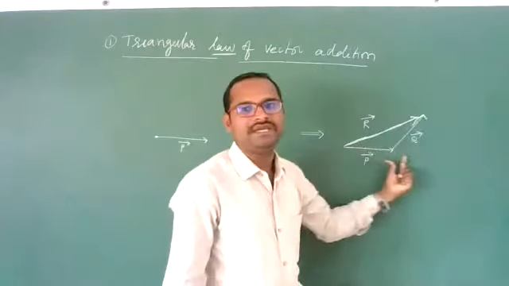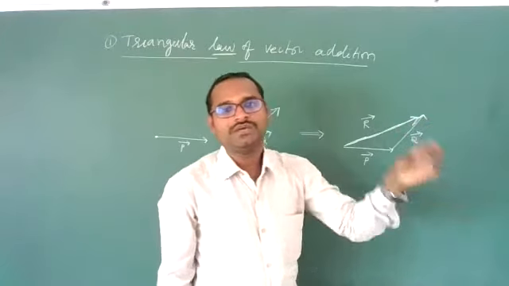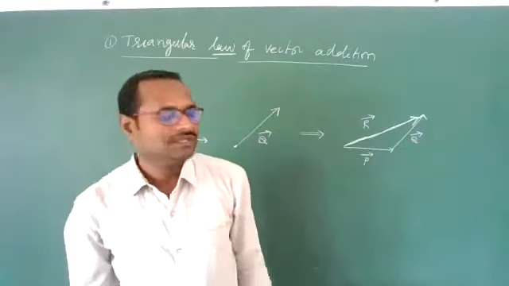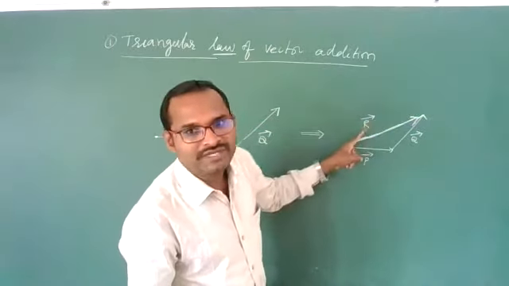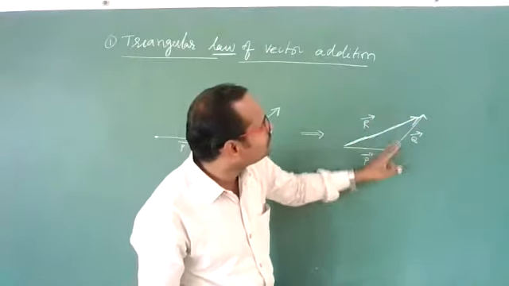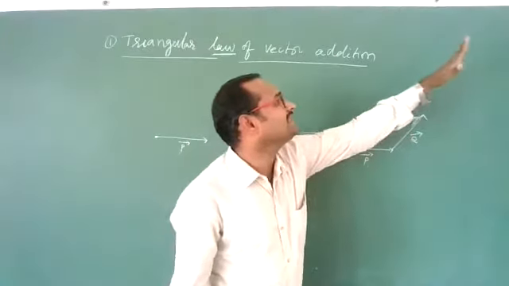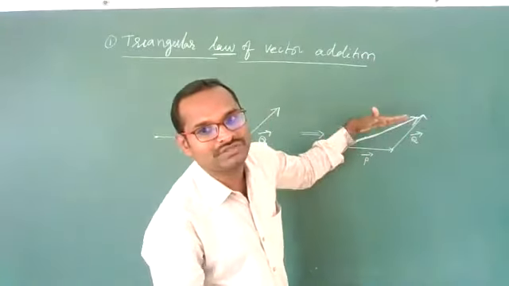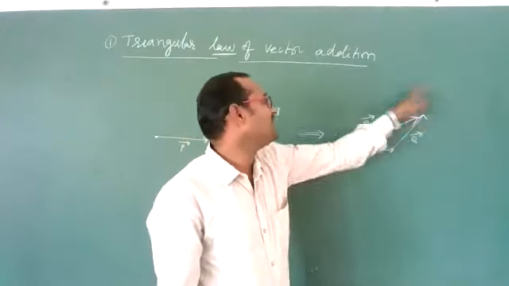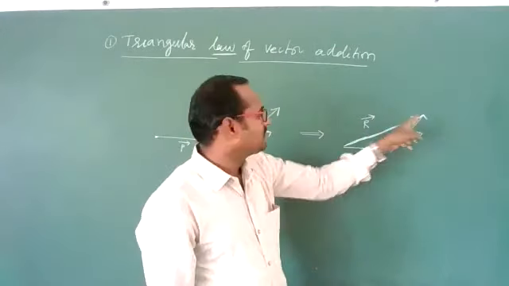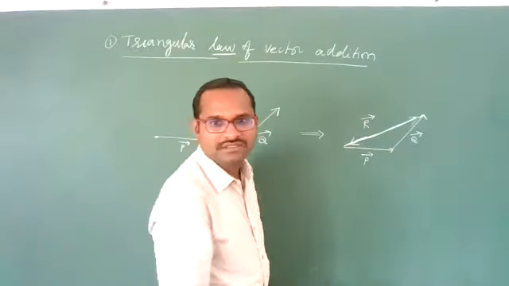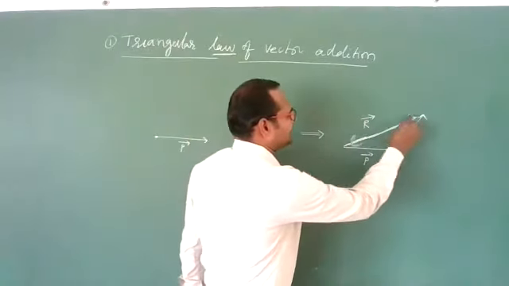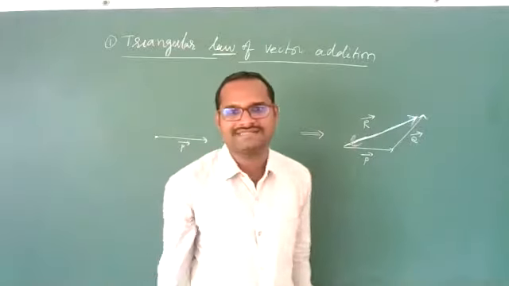Now, the resultant should be the closing side of this triangle, and it should be in the opposite direction to these two vectors. These two vectors are like this; the closing side should be opposite to that. It should not be in the same order like this. If you take the third vector like this, it will not form the triangular law. The arrow mark should be on that side. Then only it is called the triangular law.